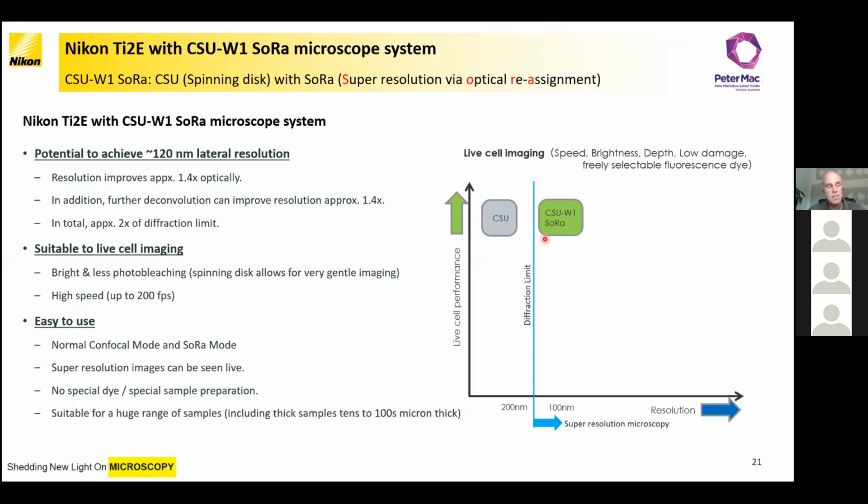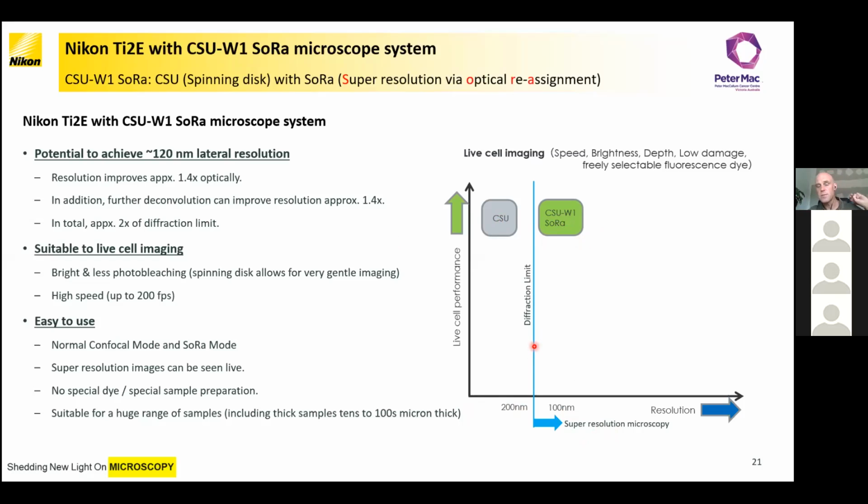And what that does is provide us with the capability of imaging using a super resolution microscope. It's incredibly well tailored towards live cell imaging or live sample imaging of different types. This is because the light path itself allows for very gentle imaging, and that very gentle imaging also allows for very, very long duration experiments or characterization of living samples. And I'll show you some of those in a couple of seconds.